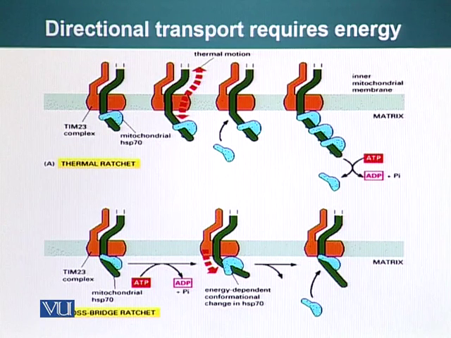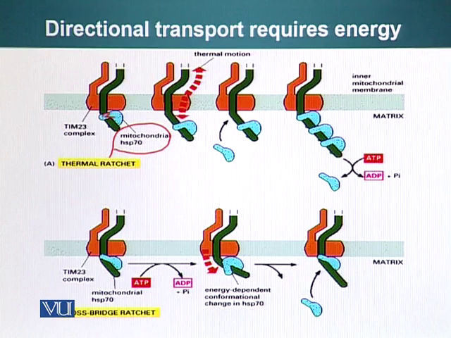In this, as you can see in TIM23, the protein has gone through the channel, and it is bound as soon as it emerges from this pore in the TIM23 complex. The heat shock protein 70, which is present in the mitochondrial matrix, binds this protein and prevents it from sliding back out. Thermal energy, as I have mentioned, is basically the average kinetic energy of the molecules.